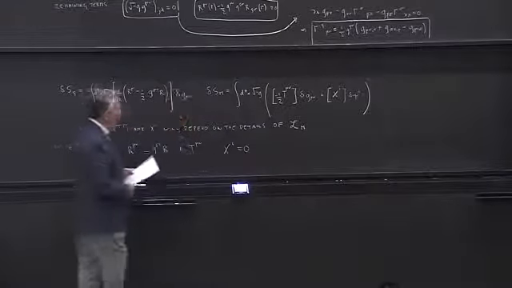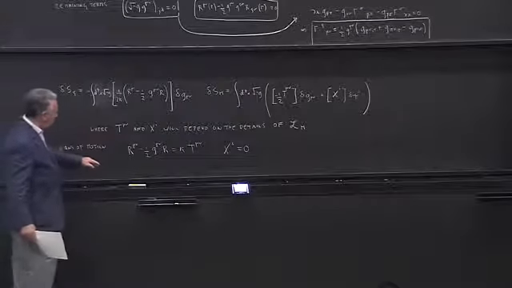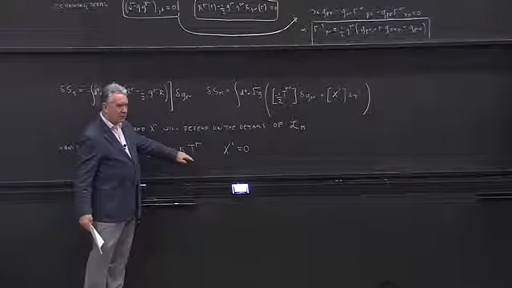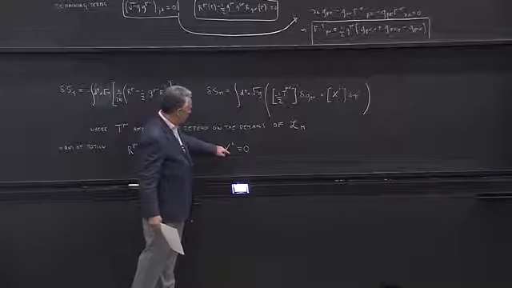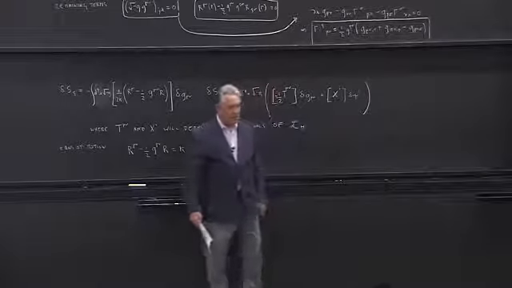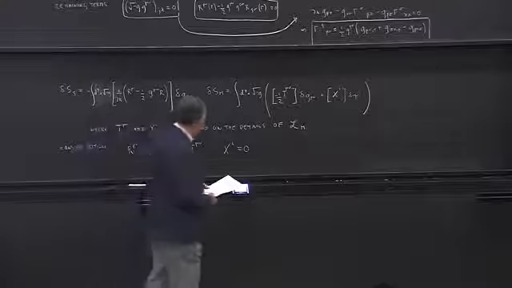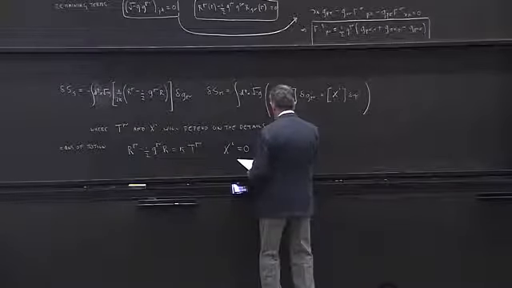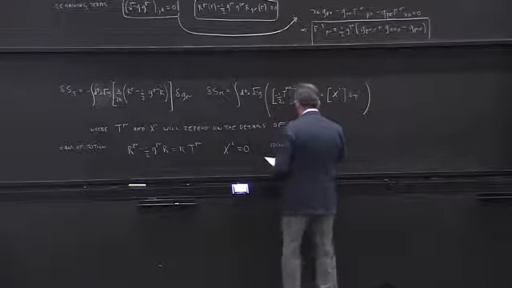By setting to 0 the coefficient of the variation of delta G, we get the Einstein equation with now a right-hand side. And the equation for psi will be the vanishing of whatever sits inside this bracket there. And so we identify T with the energy momentum tensor.